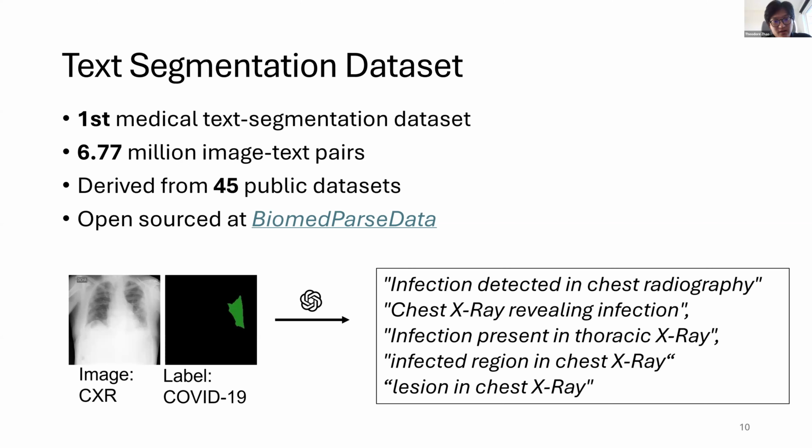So basically, we unified the three components and told GPT-4 to generate a variety of descriptions of the same task, while keeping all three components the same. And we have open sourced this dataset on Hugging Face. You can train your model using these text prompts to do the segmentation. Each example includes a prompt, an image, and the corresponding ground truth segmentation mask.